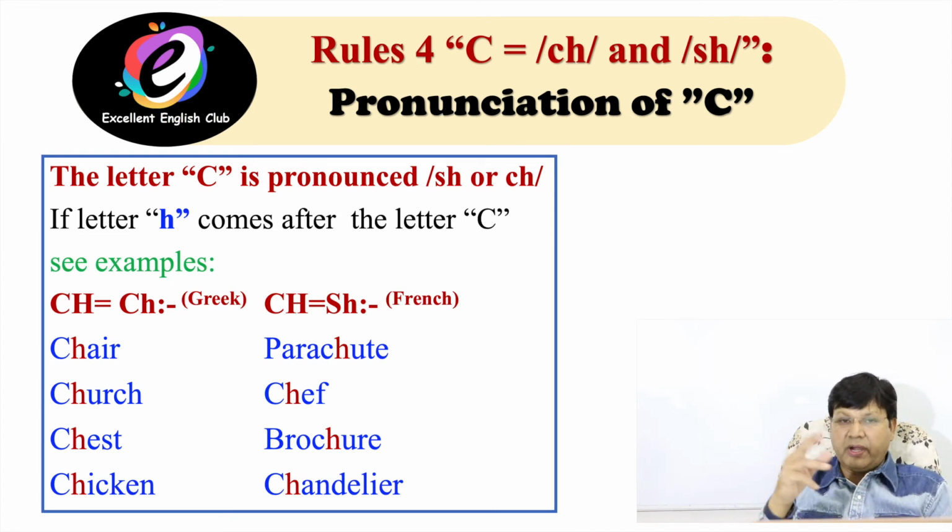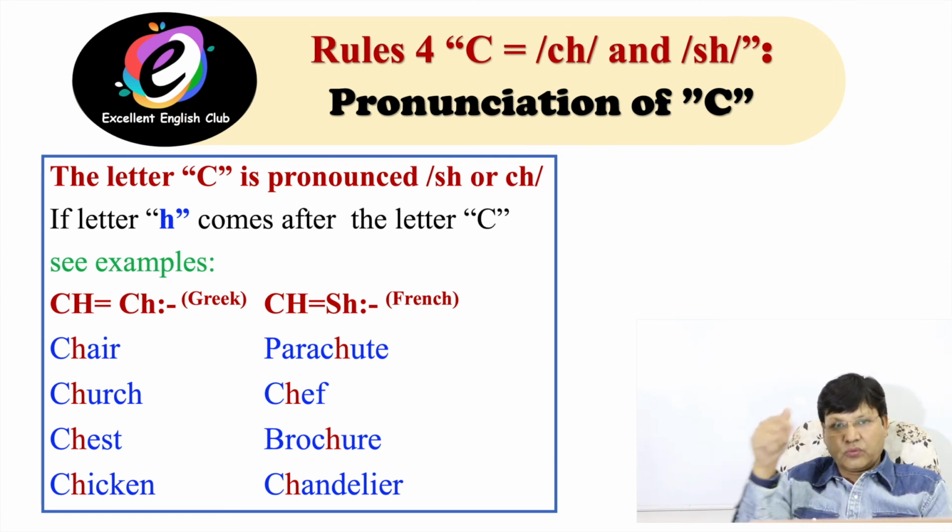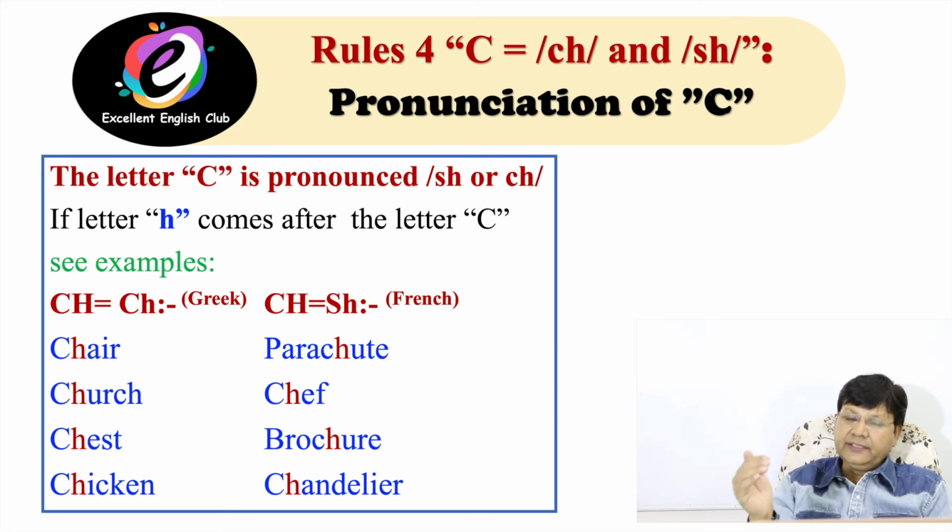These are the 3 points in rule number 1: AOU, consonant letter, and C at the end. Rule number 2, if E, I or Y come after the C, then the C will be pronounced sa.